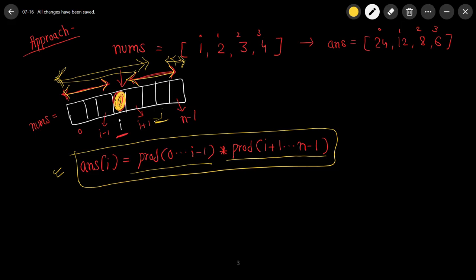Otherwise it would be n square in complexity, because for every index i, you would be computing the product of 0 till i minus 1 and the product of i plus 1 till n minus 1. That would be hectic in time complexity, and we want an O(n) solution. So we would do some pre-computation and solve this smartly. Let me show you what we would be doing.